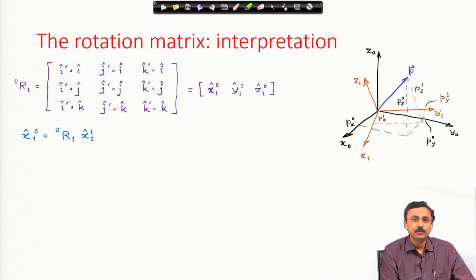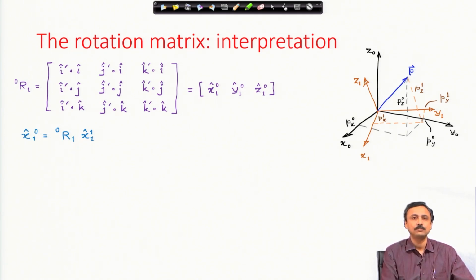And we had discussed how these are to be understood. x1 represented in frame 1 is nothing but 1 0 0. If you multiply this rotation matrix R 1 to 0 with 1 0 0, it will only filter out the first column, and that therefore takes x1 in frame 1 to the representation of x1 in frame 0.